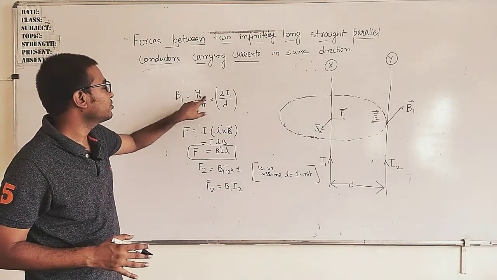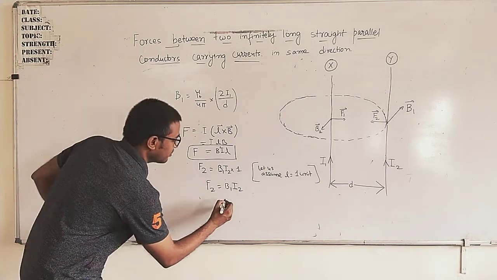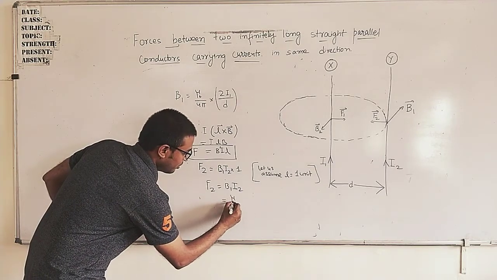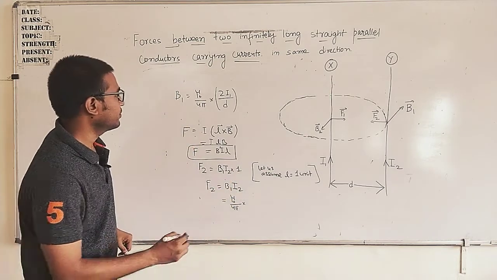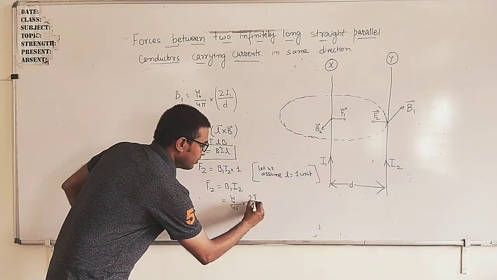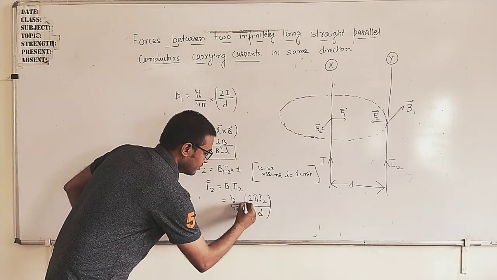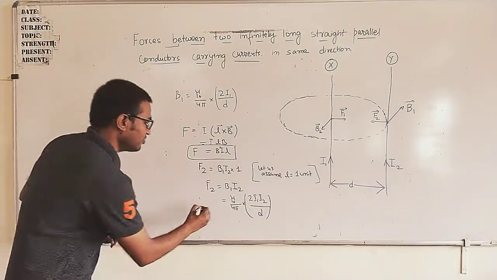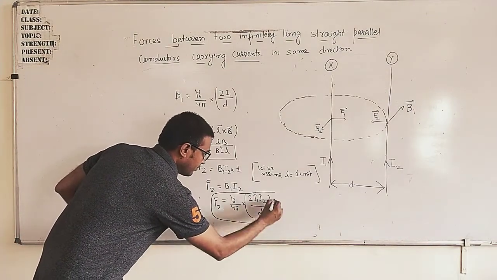B1 is equal to mu naught divided by 4 pi into 2 I1 divided by D. Just put the value: mu naught by 4 pi into 2 I1 I2 divided by D. See the expression.